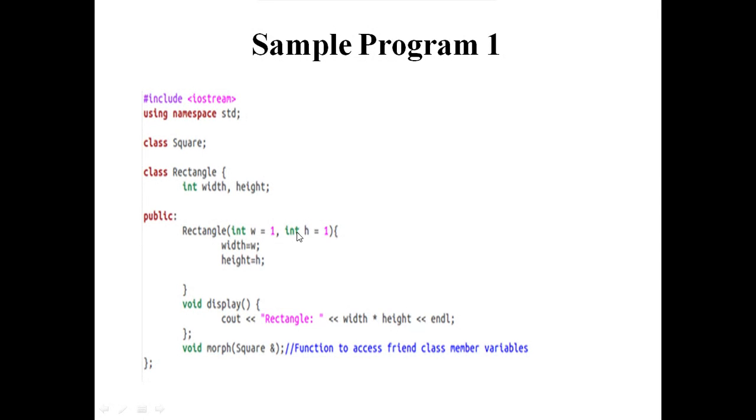Whatever value for W is passed will be assigned to width, and whatever value is passed for H will be assigned to height. And then we have a function display, and also a function called morph. So in this rectangle class we have two data members, width and height, a constructor, a display function, and a function for morphing, right?